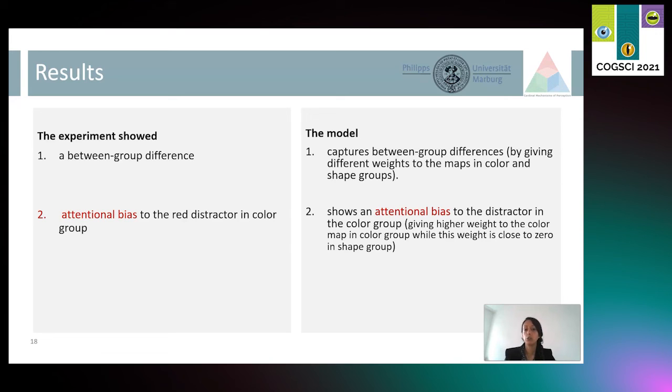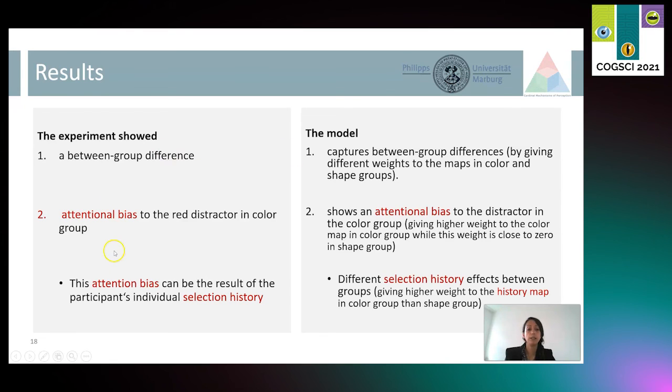The model also shows an attentional bias to the distractor in the color group by giving higher weight to the color map in the color group, while this weight is close to 0 in the shape group. So in general, this attention bias can be the result of the participants' individual selection history, and the model also shows different selection history effects between groups by giving higher weight to the history map in the color group than the shape group.